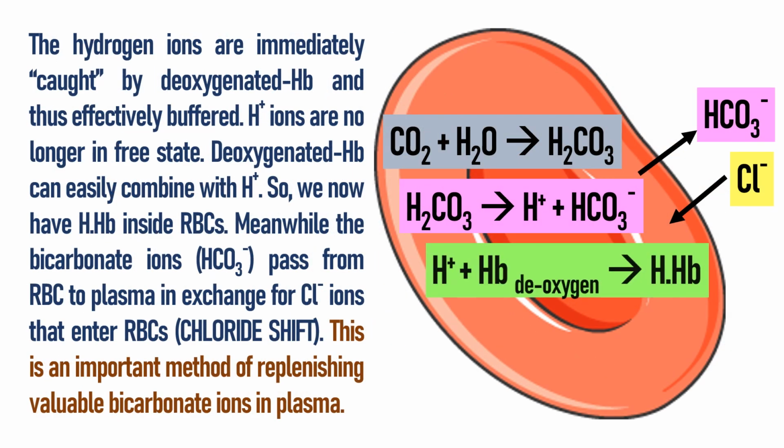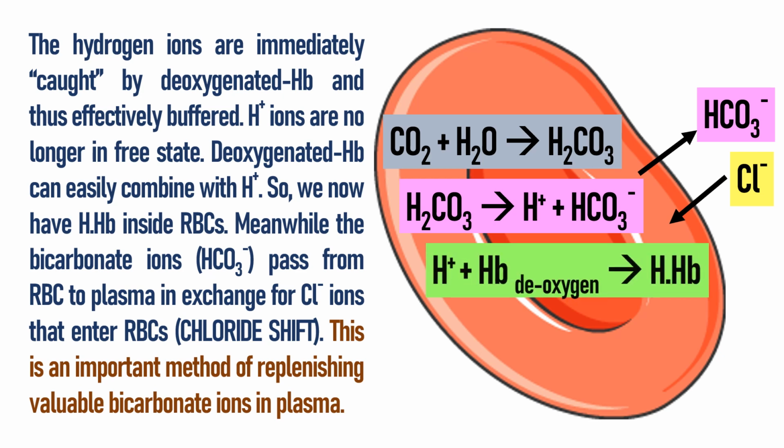The hydrogen ions are immediately caught by deoxygenated hemoglobin and thus effectively buffered. Hydrogen ions are no longer in free state. Deoxygenated hemoglobin can easily combine with hydrogen ions. So, we now have hemoglobin combined with protons, in short HHb, inside red blood cells.